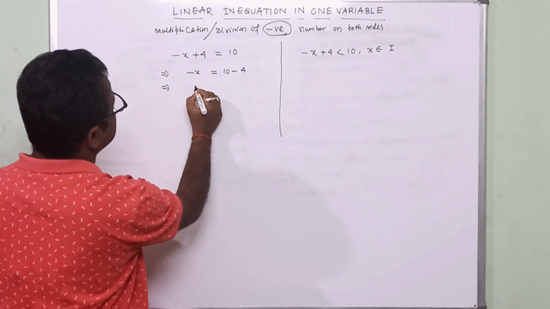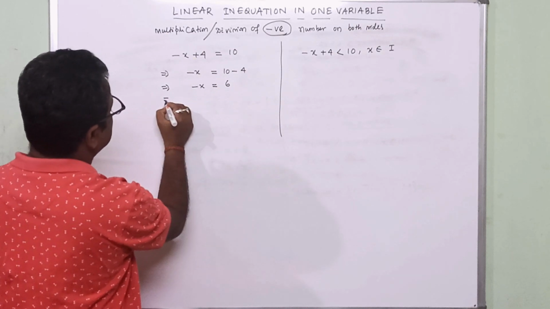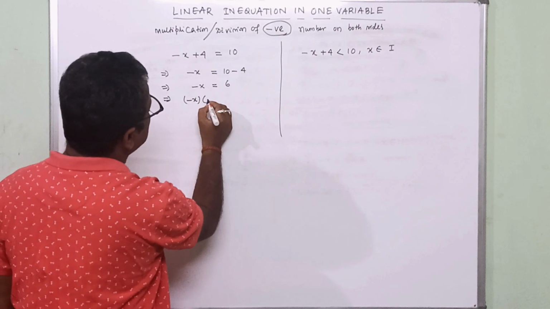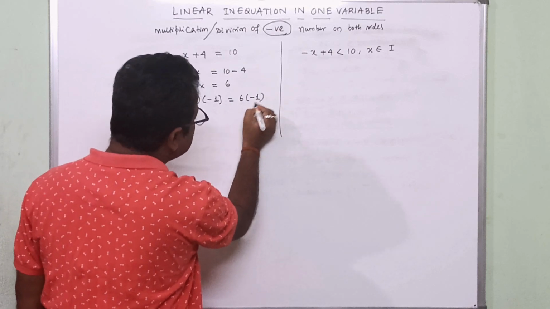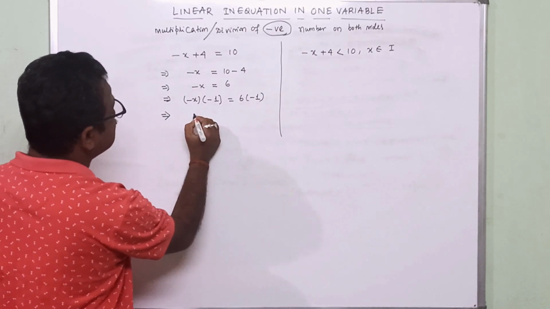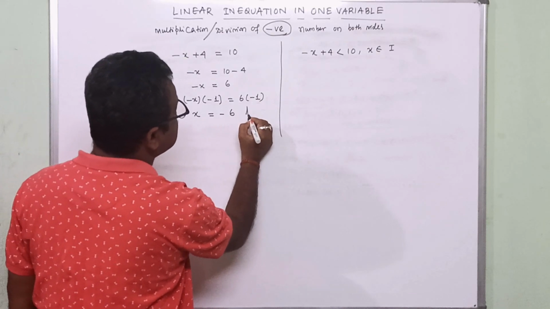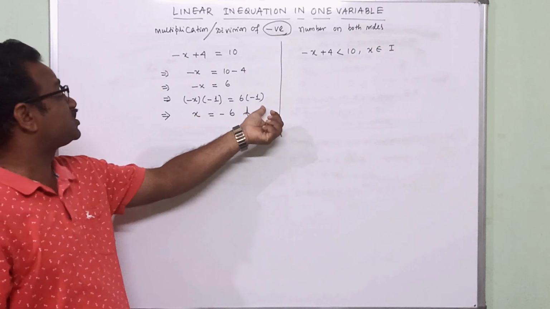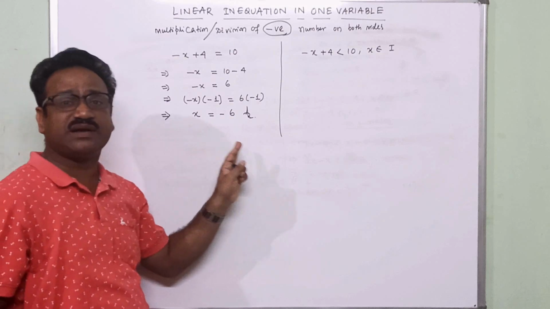That implies minus x less than 6. That implies minus x into minus 1 is 6 into minus 1. That implies x is minus 6. Answer. So multiplying by minus 1 on both sides, the 6 will become minus 6, but the equal sign remains the same.